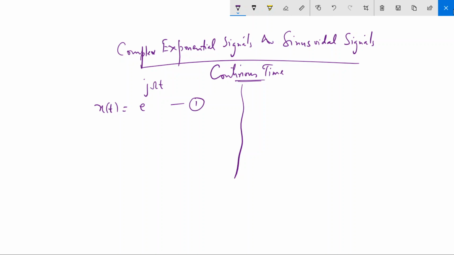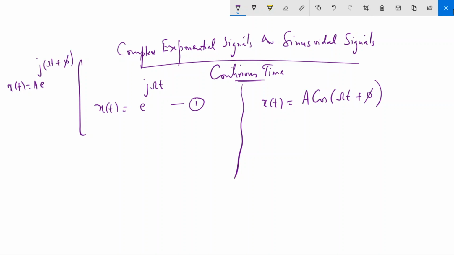And a continuous time sinusoidal signal is defined as x(t) = A cos(ωt + φ). This is the general representation. Even in this case you can use the amplitude and the phase factor, so you can have x(t) = A e^(j(ωt + φ)).